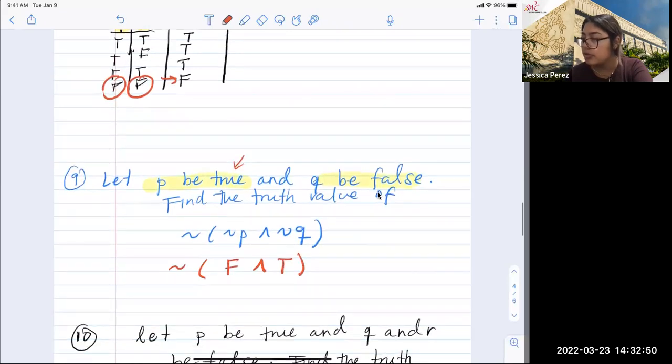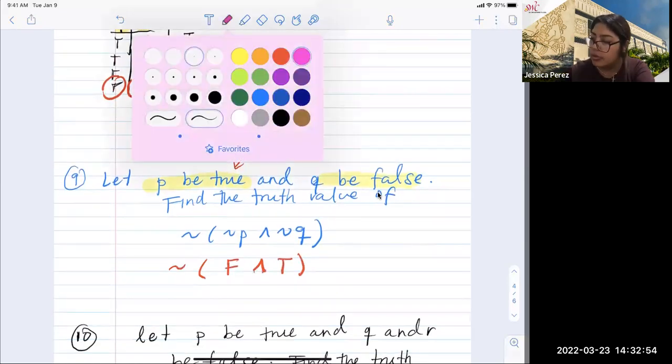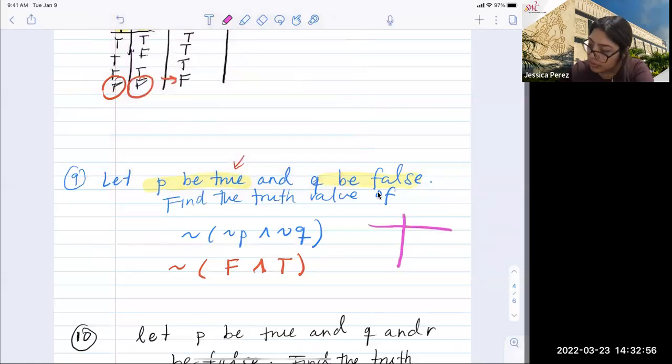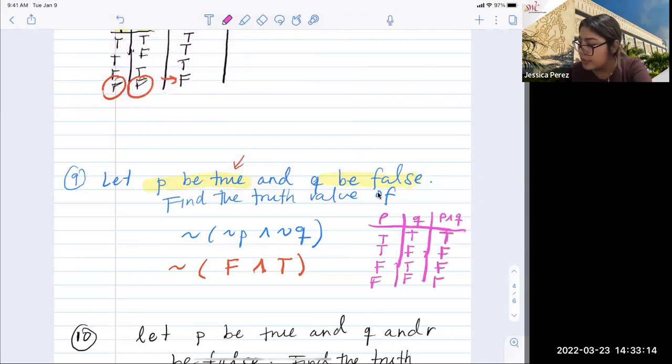Now we have to do a truth table where we have an and on the inside. Whenever we do a truth table with an and, so we have P and Q, this is always true, true, false, false, true, false, true, false. True, true, it's true. True, false, false, false, false.